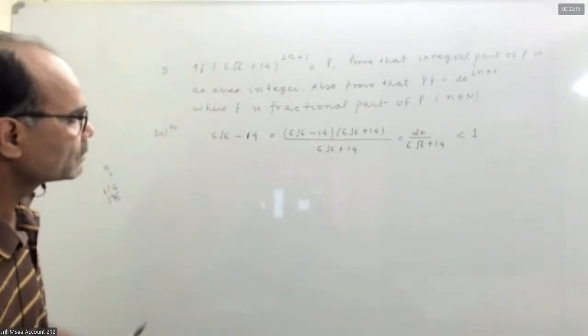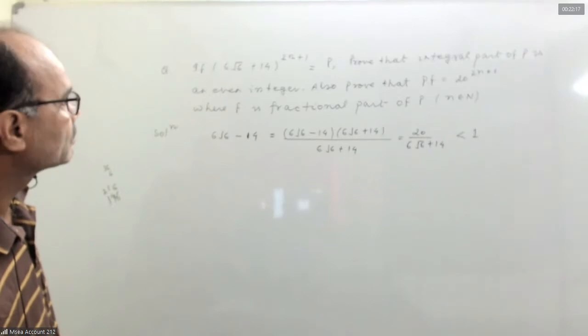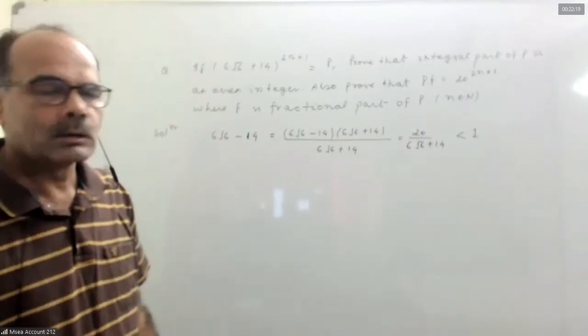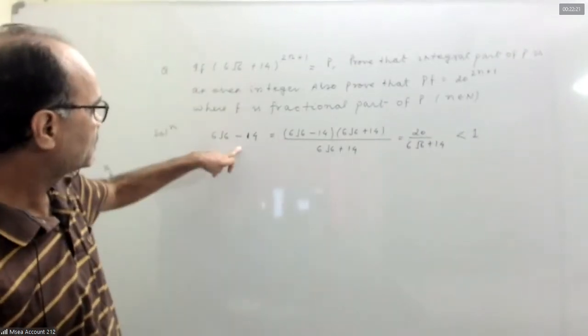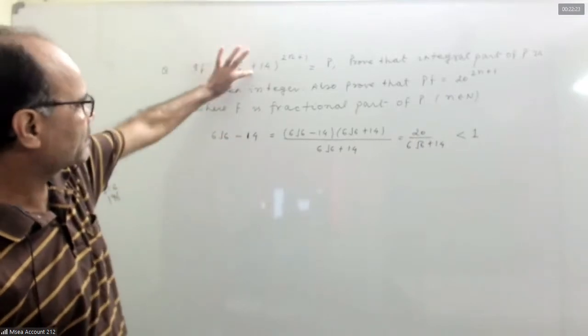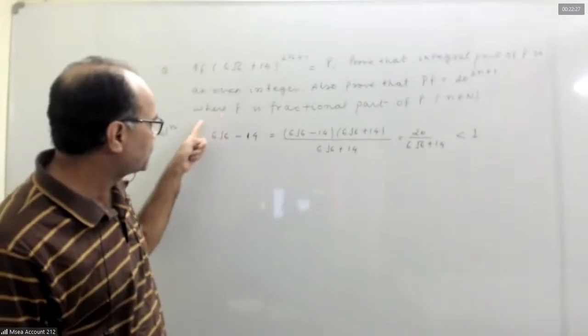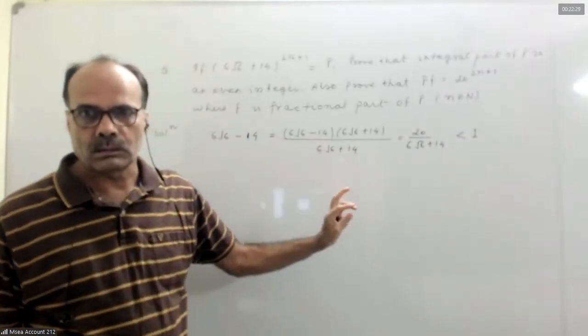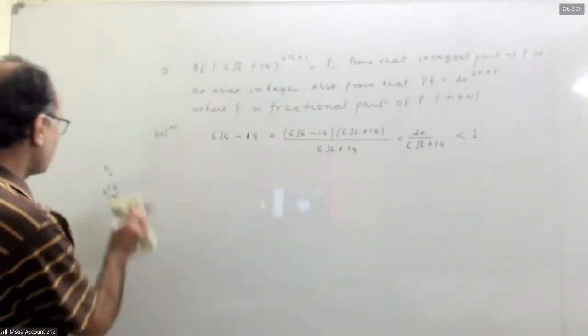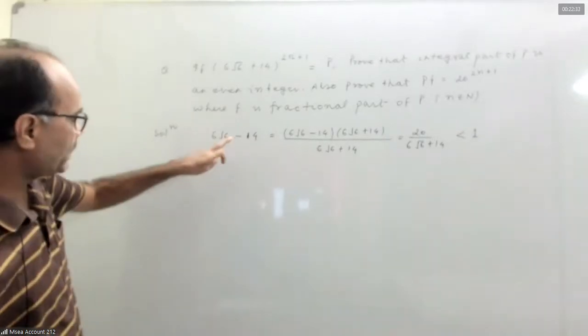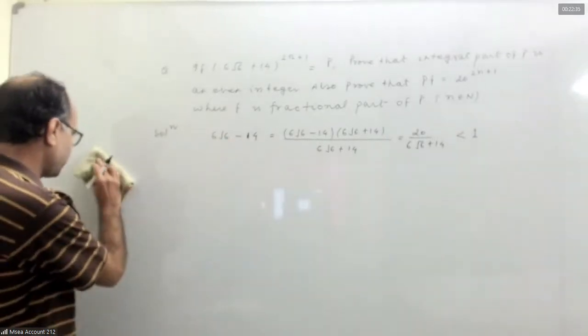Sir, in the question it is 6 root 6 plus 14. So taking the opposite sign here, mostly it will be plus only. So take the minus sign and prove that this number is a proper fraction. Later you will come to know why I have taken minus, just after one step.